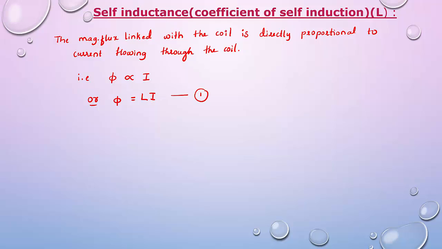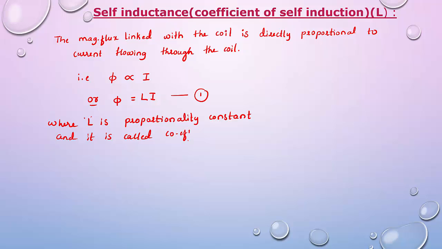L is the proportionality constant, and it is called the coefficient of self-induction, or self-inductance. Is it clear? Phi equal to L into I.